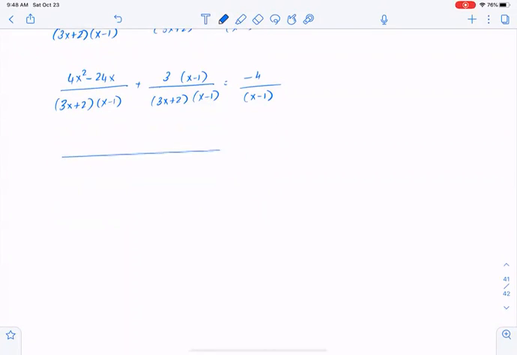Now, the common denominator is 3x plus 2 times x minus 1. Well, let me not skip a step. 4x squared minus 24x will be the first numerator, plus 3 times x minus 1 will be the second numerator.